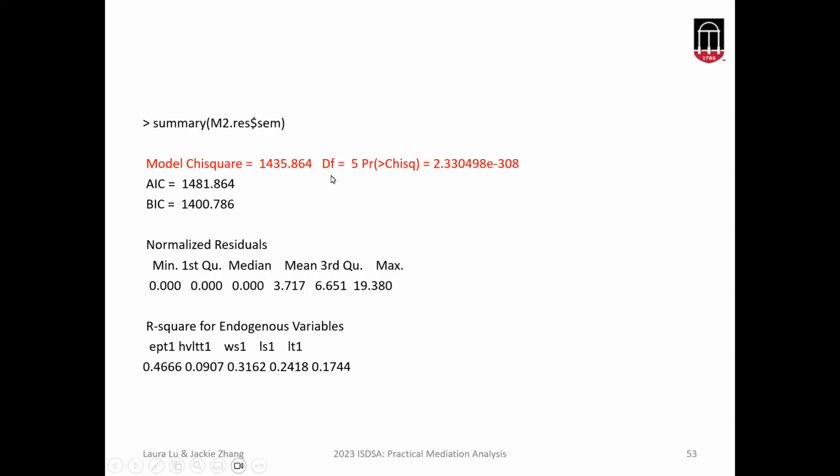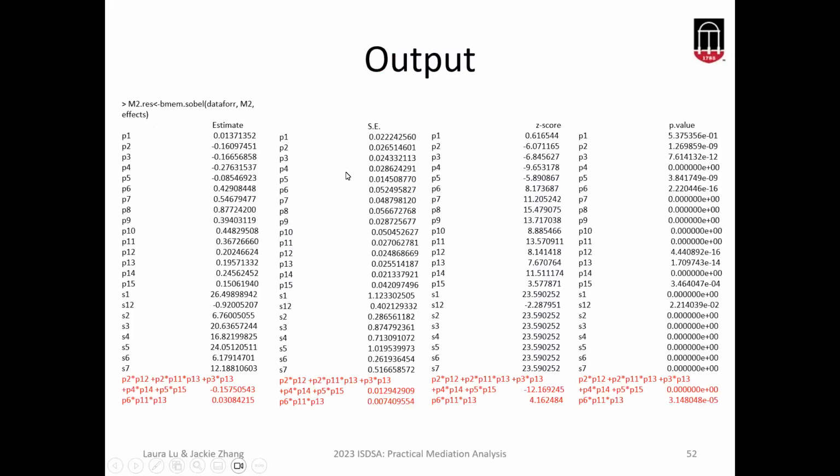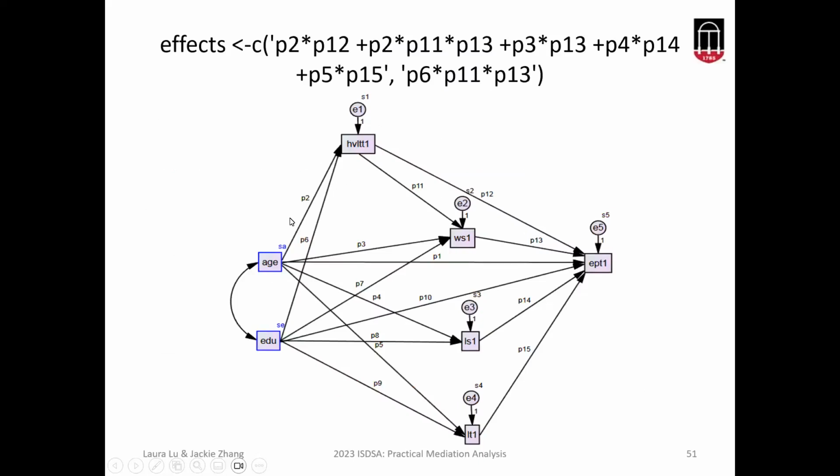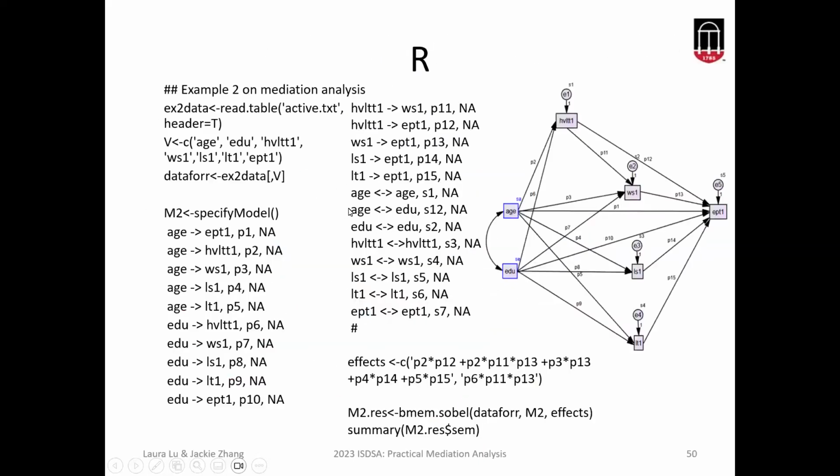Here we have degrees of freedom 5, and I think you can calculate it by yourself. How many independent variables do we have? We have 7 independent variables.